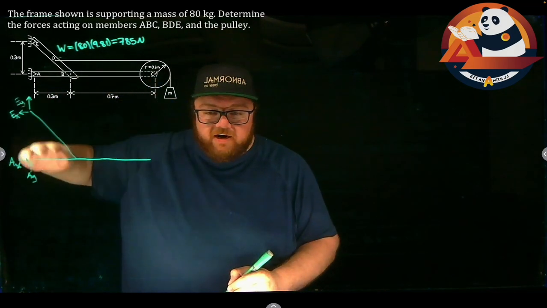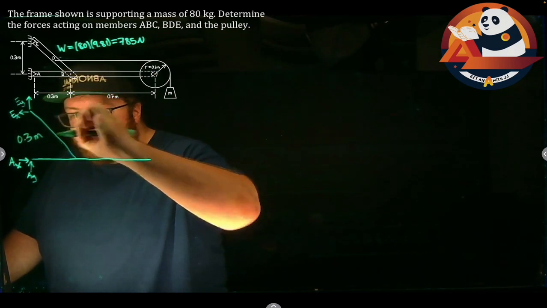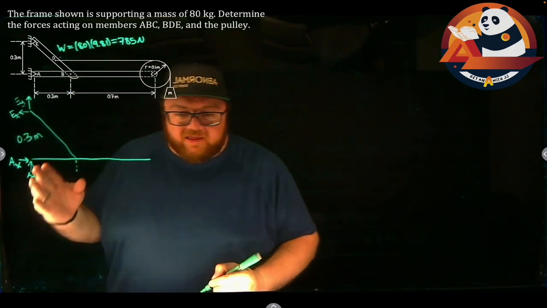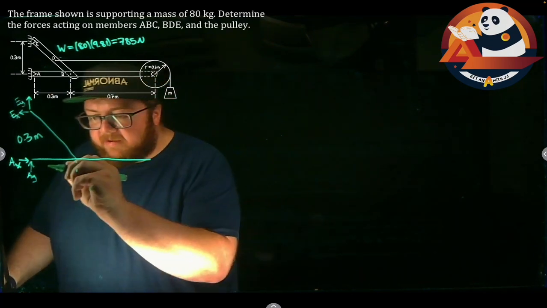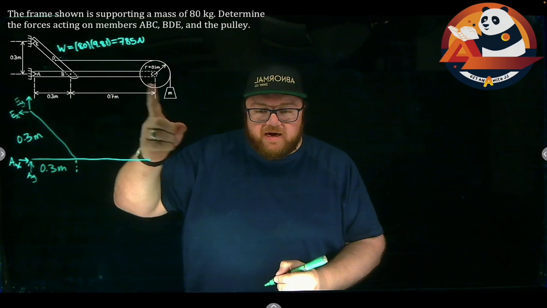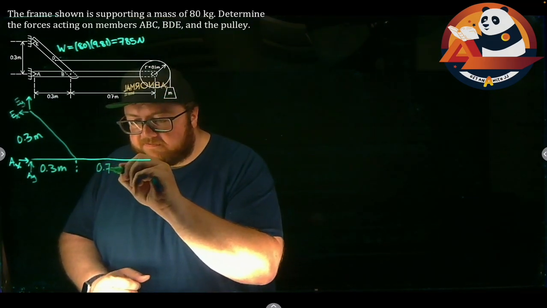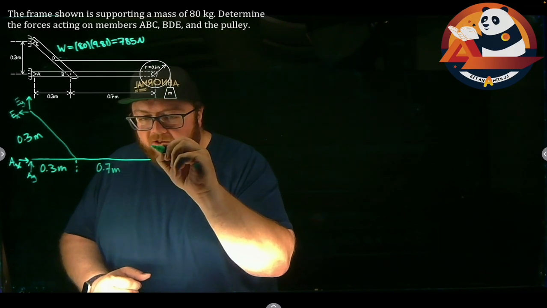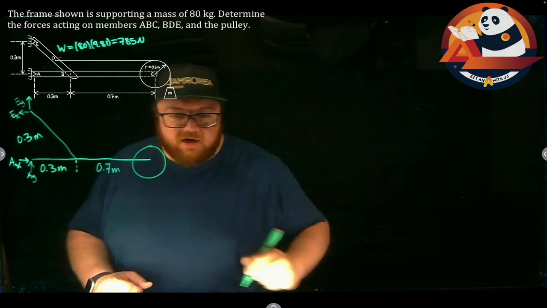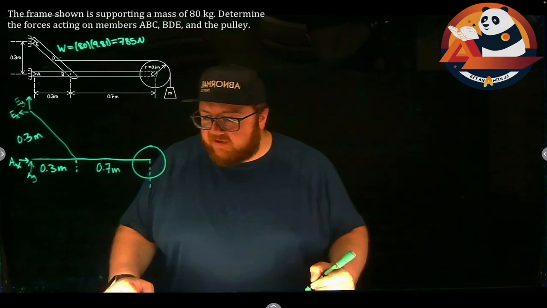I know that height here is 0.3 meters. Also, my width from A to B is 0.3 meters. From B to the center of my pulley is 0.7 meters. Let's draw that pulley in here. I know the center is where I measured that 0.7 at.